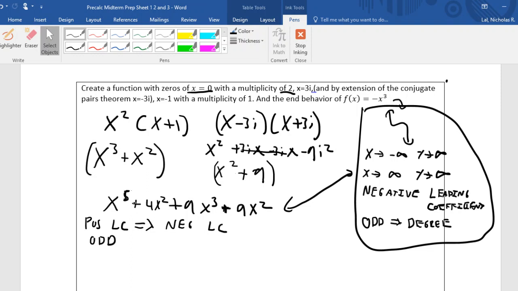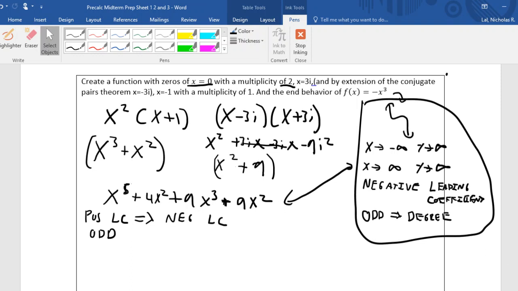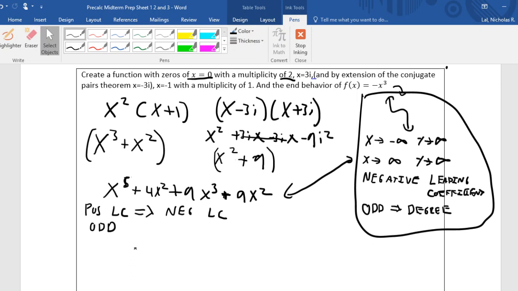How do we change that? We can just multiply by negative 1. So we multiply this whole polynomial by negative 1. Negative of x to the 5th plus x to the 4th plus 9x cubed plus 9x squared.